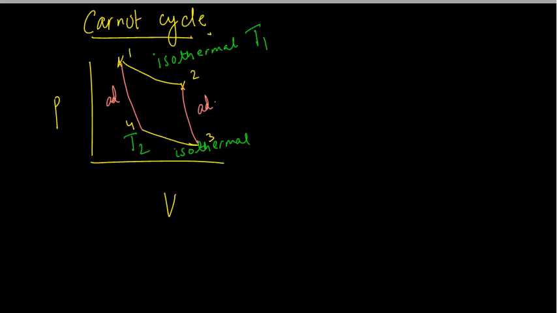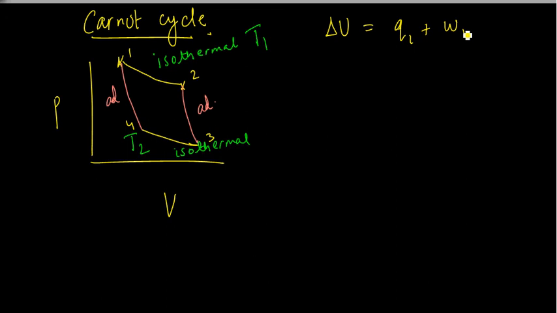So let's consider all the 4 parts of this cycle and see what is the work done in each case. So path 1 to 2, that's isothermal expansion at temperature T1, right? So delta U is simply, let's say, Q1 plus W1.